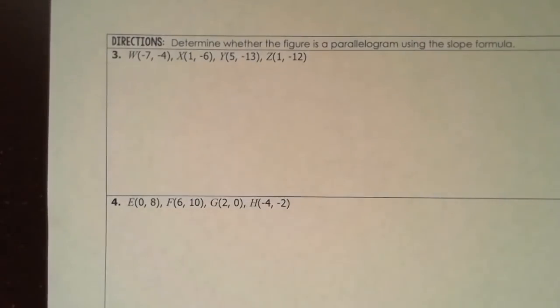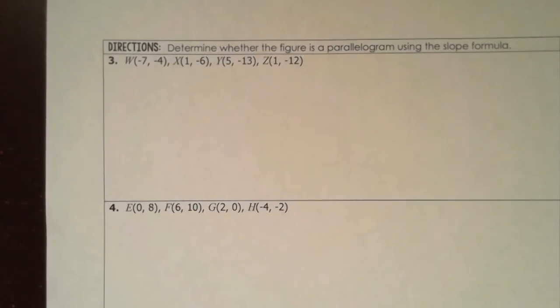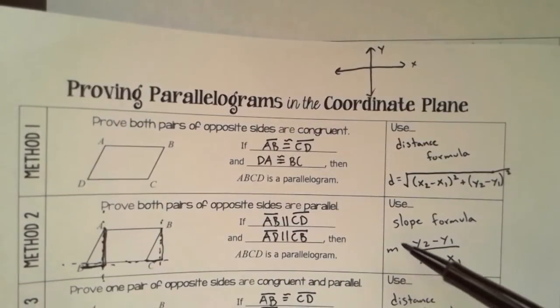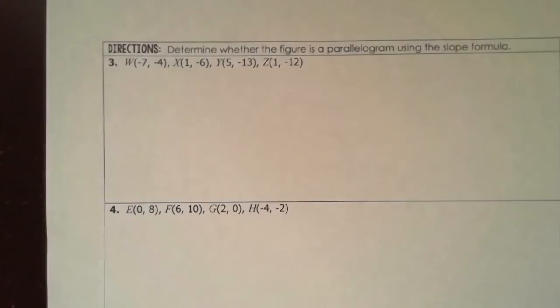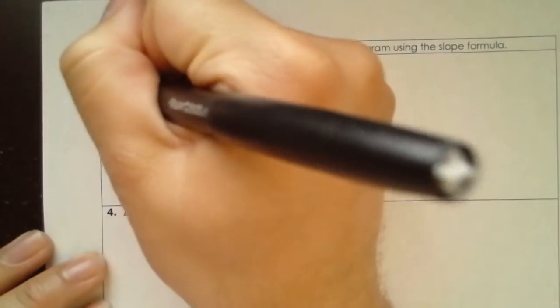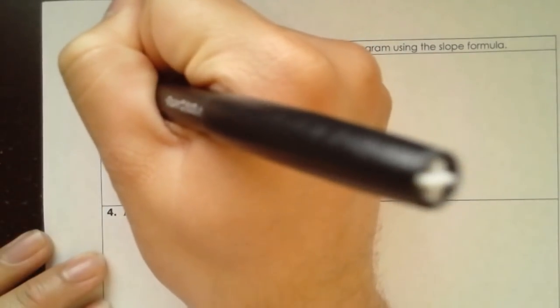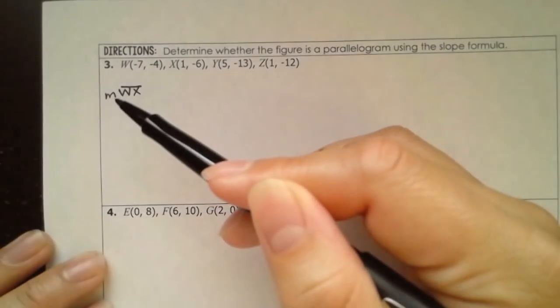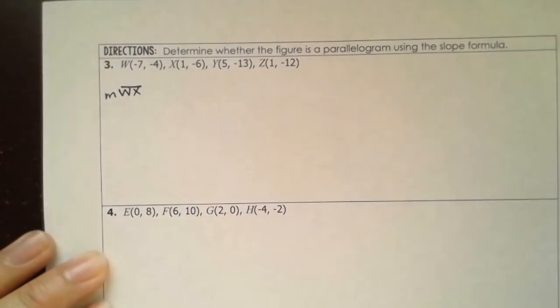So with number 3, and then again, last little note here, to denote slope we use M. So when I have this notation, M of WX segment, we're talking about the slope of WX.